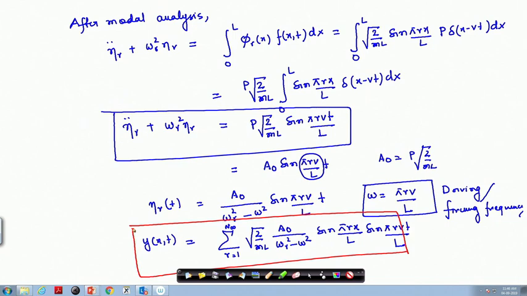This is the solution of the system, or the response of the system to the moving load.